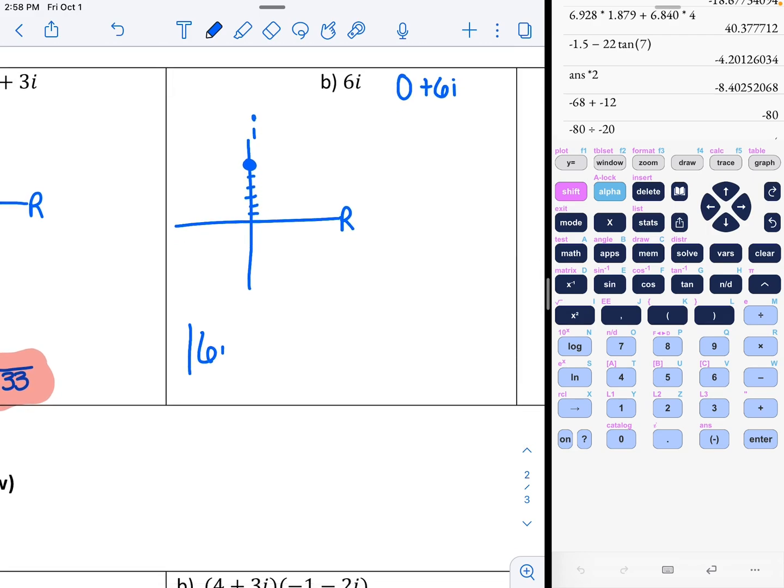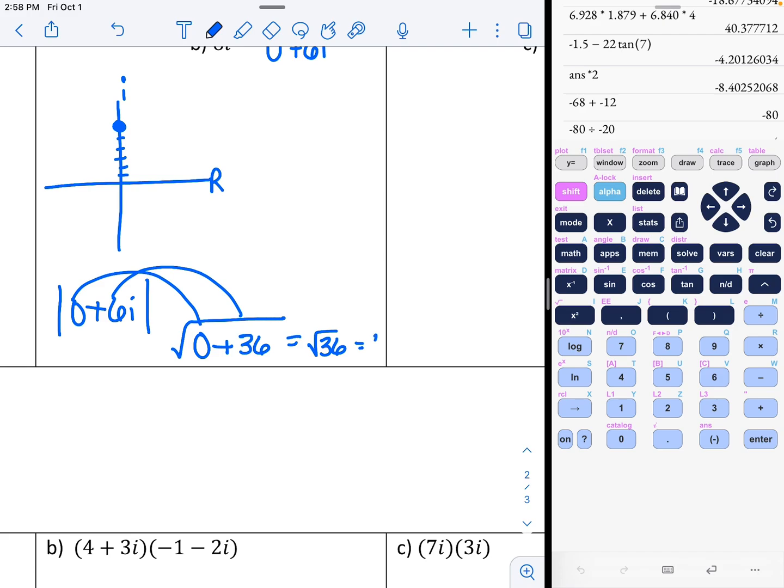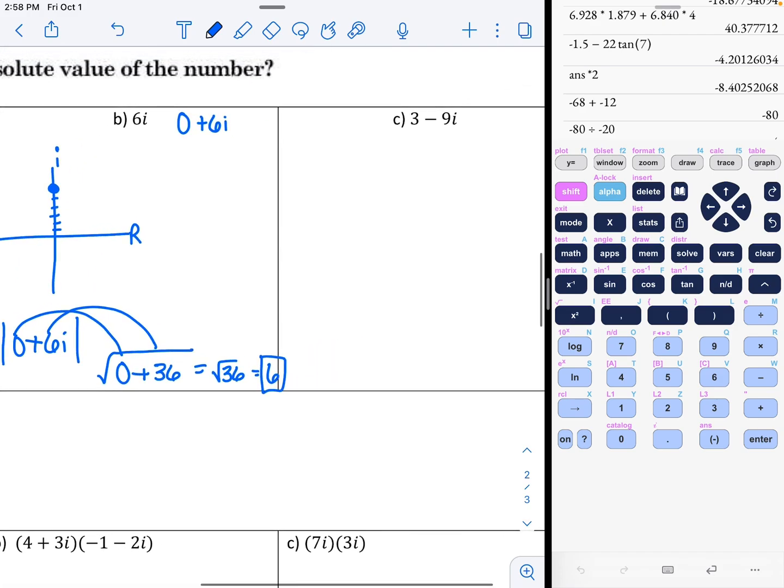For the absolute value of it, again, if you want to put that 0 in there, because it just looks better to you, you like seeing that extra real number, you may. We do the square root of the 0 squared, which is 0, plus the 6 squared. We add those up. 0 plus 36, take the square root. So the absolute value is 6.